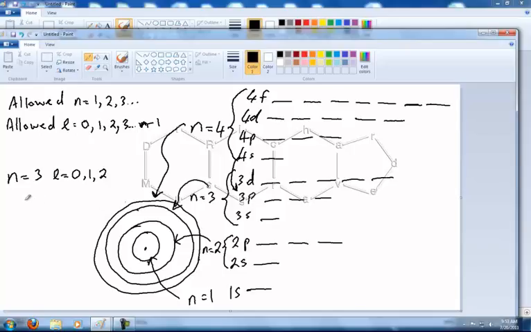Now what do these L values mean? Well, L equals 0 indicates an s orbital. L equals 1 indicates a p orbital. L equals 2 indicates a d orbital, and L equals 3 indicates an f orbital. So these numbers represent codes for the different orbitals.